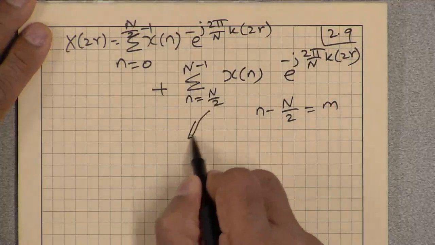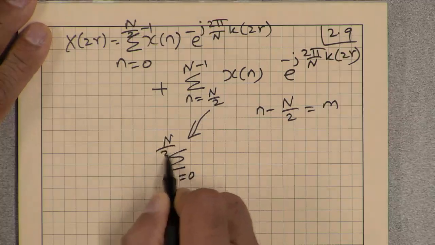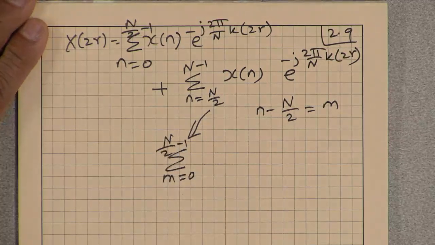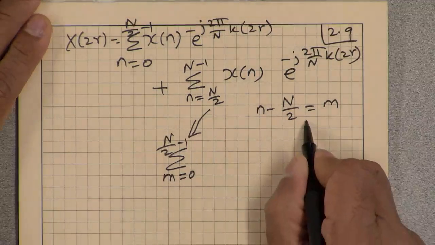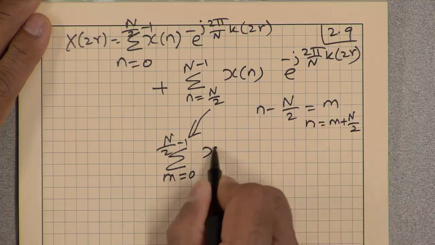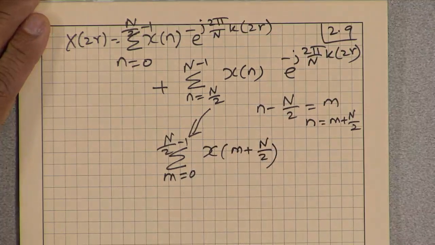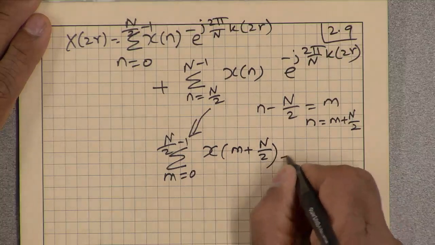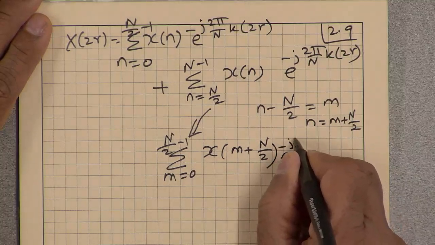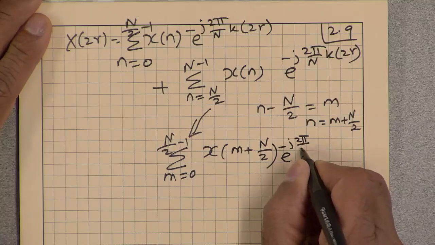If I do that, then this sum becomes m equal to 0 to N by 2 minus 1, and n becomes m plus N by 2. So this is x[m plus N by 2]. Okay, let's see. e to the power minus j 2 pi by N.